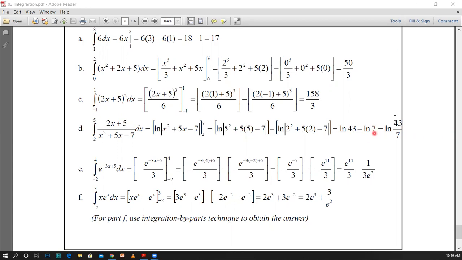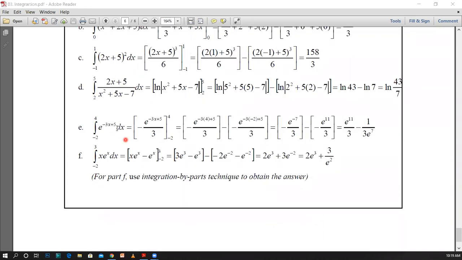Here I have used the concept of logarithms: if you have a subtraction of two logarithmic functions, you can take it to one logarithmic function by taking the division of those two functions. Therefore, we get the answer as ln 43 divided by 7.